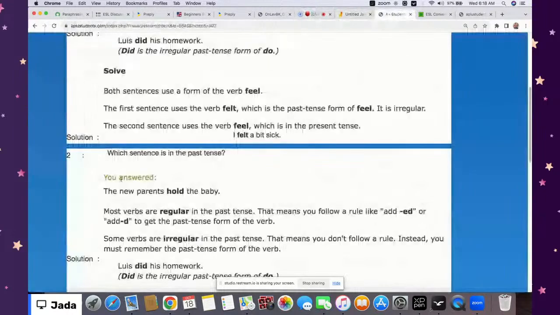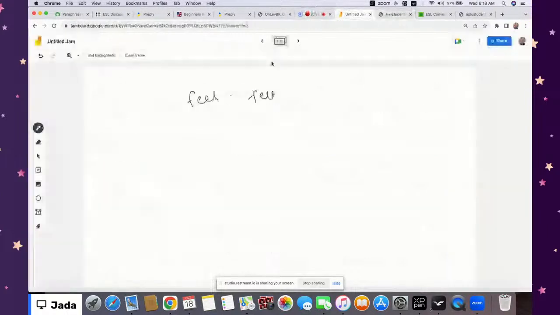And then, my new parent hold the baby. So when you have hold, you're going to have held, because they have their own pattern and you need to follow the pattern.